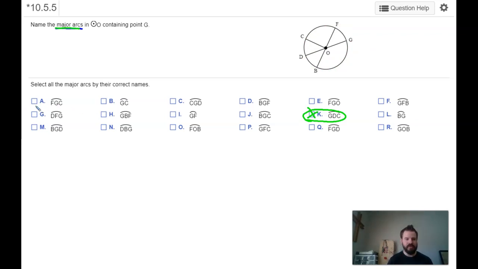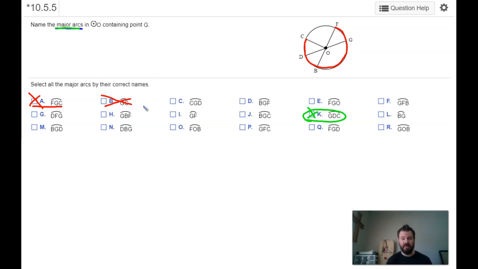Go through it backwards. Start off with the arc name, FGC. If I go from F through G to C, I've just got to decide, is that a major arc? It is. It's more than the semicircle, so I'll check that one off. Then I'll move on to the next. So I'm working through backwards here. GC, I don't even need to check that, because it's only 2 letters.